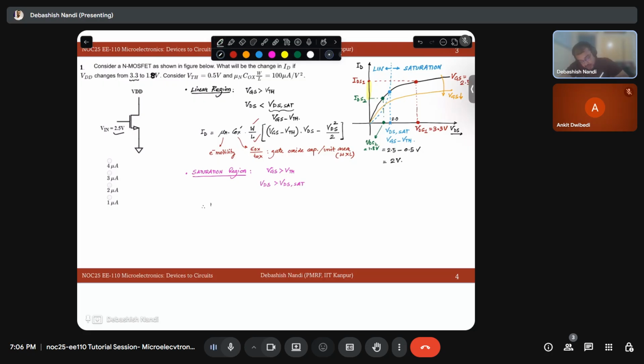Now my IDS1. By the way, in this region the current ideally does not depend on the drain to source voltage. So actually your curve is like this, flat.